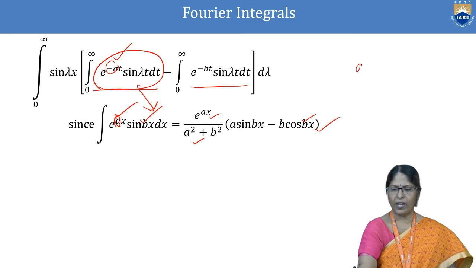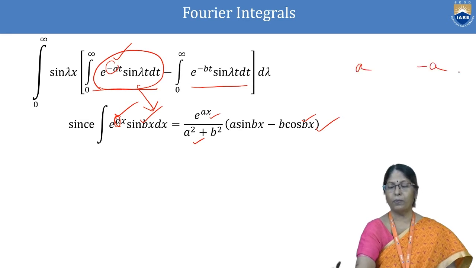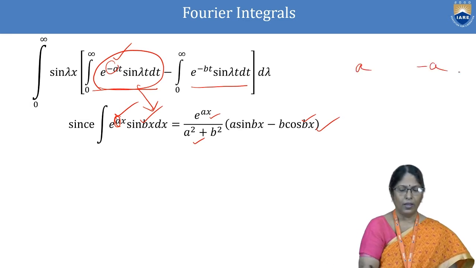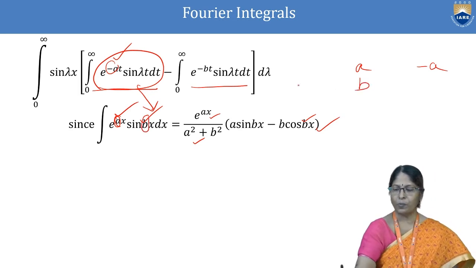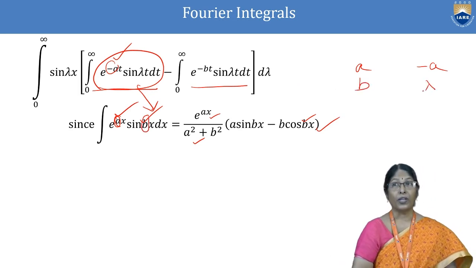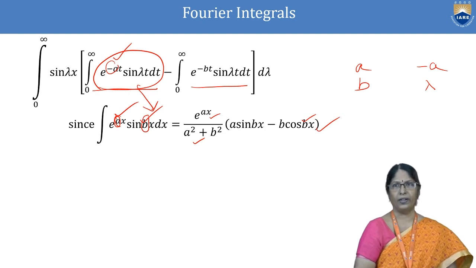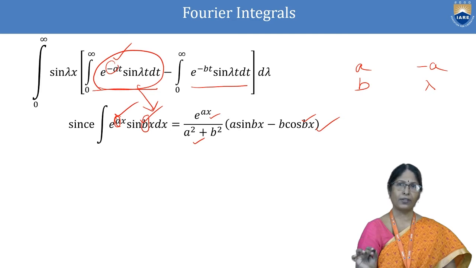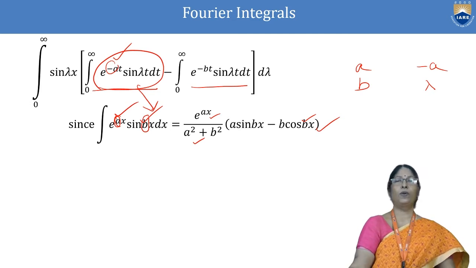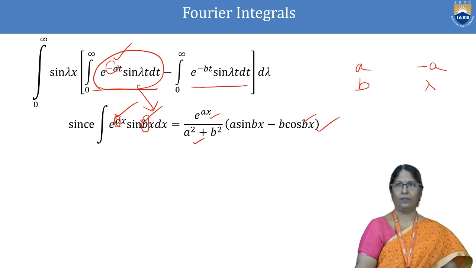So in the formula a, but in our problem minus a. In the formula b, but in our problem lambda is there. First we should do the comparison between the formula and our problem. We did the comparison for the first integral.